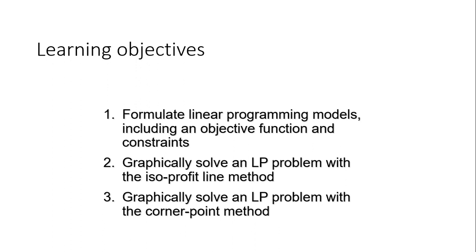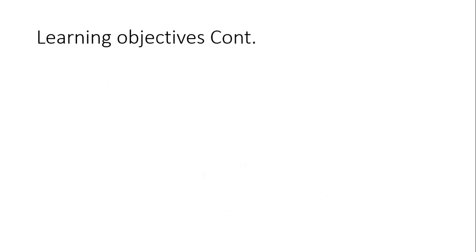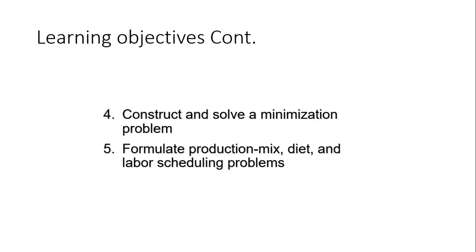Three, graphically solve a linear programming problem with the corner point method. Four, construct and solve a minimization problem, as well as a profit maximization problem. Five, formulate production mix, diet and labor scheduling problems.